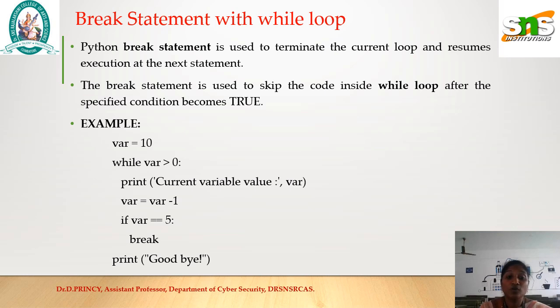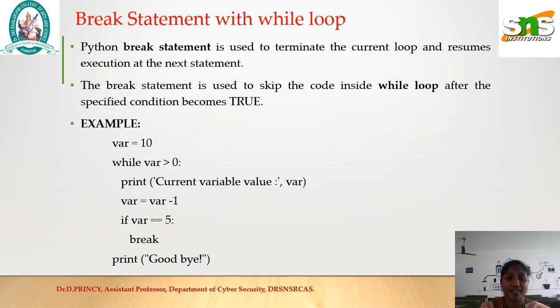If I'm not including the break statement, it executes 10 times, from 10, 9, 8, 7, 6 down to 1. When it reaches 0, the loop will be terminated. But in between, I used the break statement to terminate the current loop.